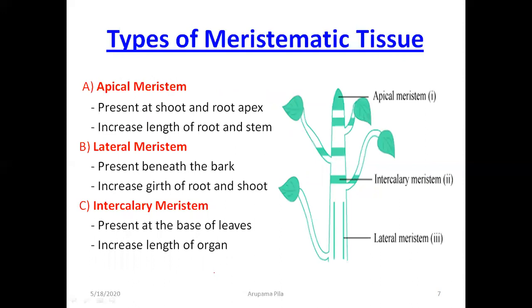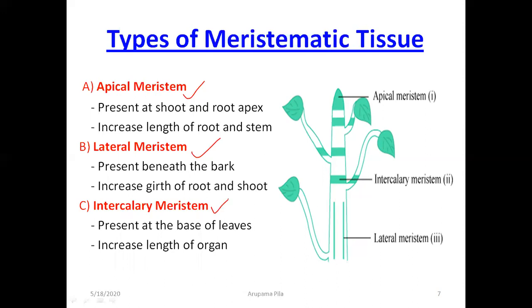Now come to types of meristematic tissue. As I told you, on the basis of the position of the dividing tissue in the plant, meristematic tissues are classified into three main categories. Number one is apical meristem, number two is lateral meristem, and number three is intercalary meristem.